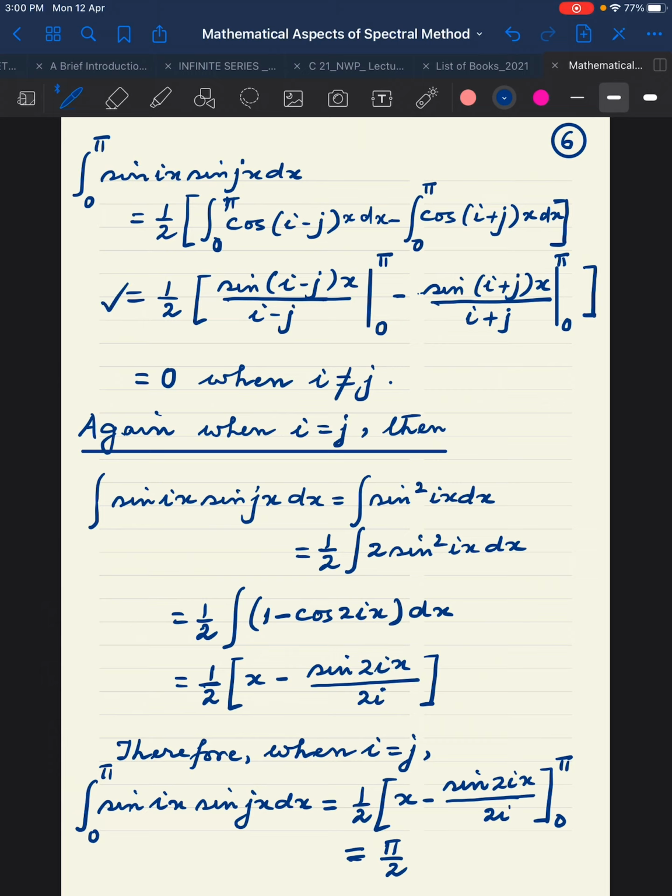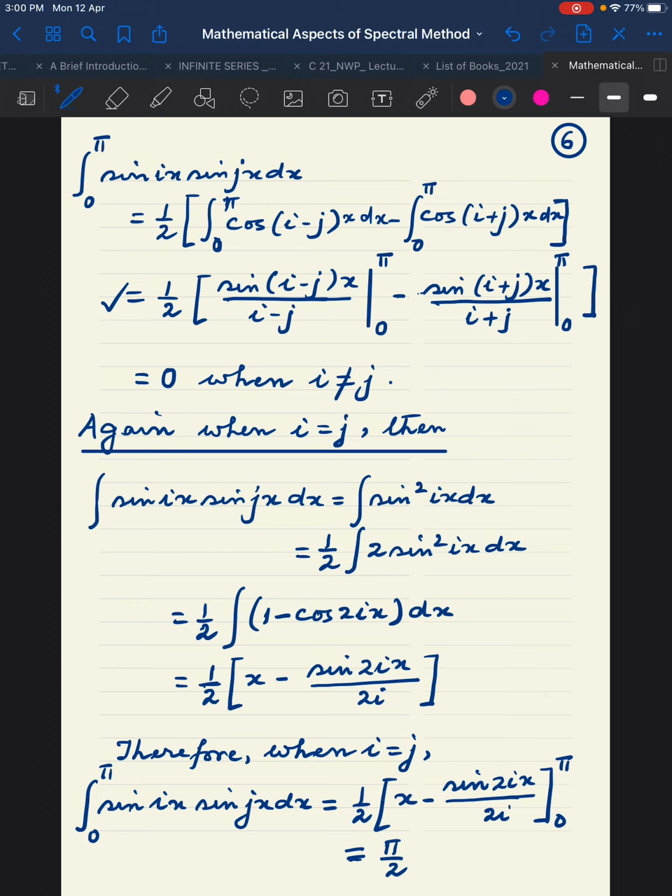So we get, I'm coming to this line, that is equal to half into sin (i minus j)x by (i minus j) from 0 to pi, and the second one is minus sin (i plus j)x by (i plus j) from 0 to pi.